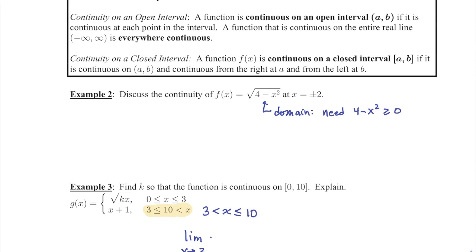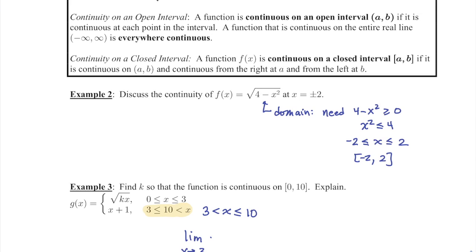And that translates to x squared less than or equal to 4, which means x has to be between 2 and negative 2. Because bigger than 2 or less than negative 2, when I square it, I'm going to have something that's bigger than 4. Right? So the domain is just the interval negative 2 to 2.